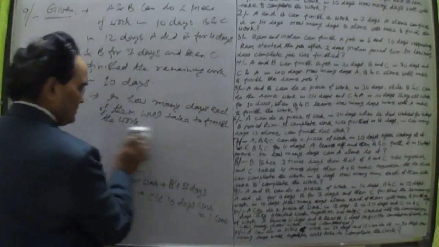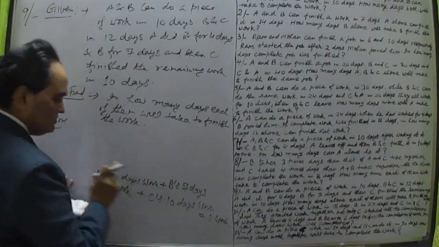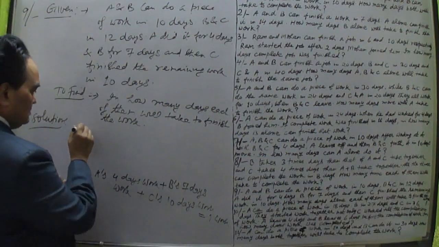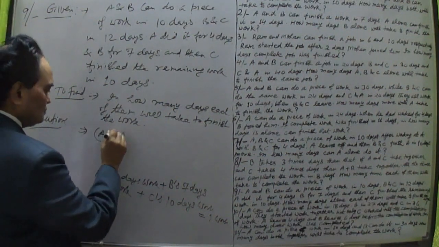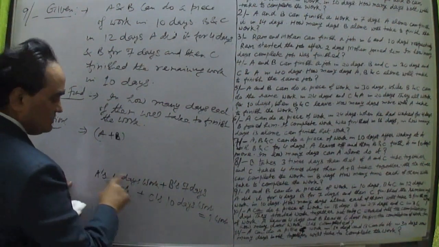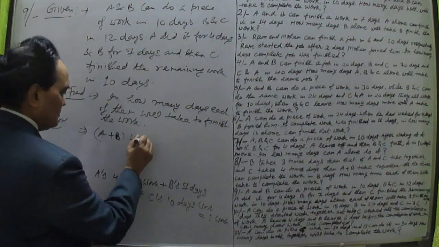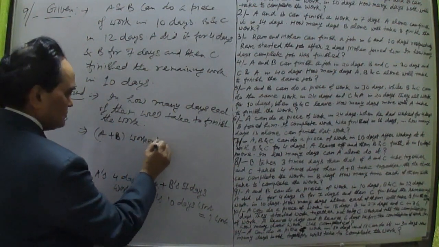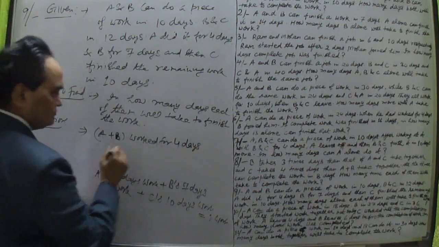For 4 days A and B work together. This implies A plus B worked for 4 days together.